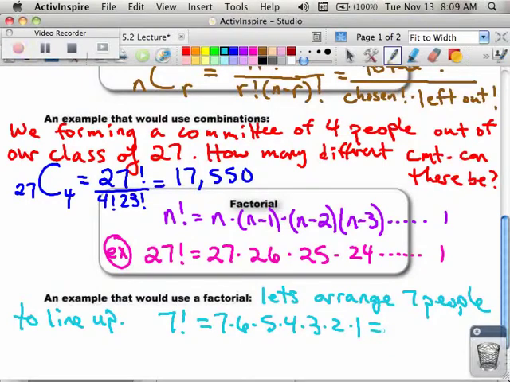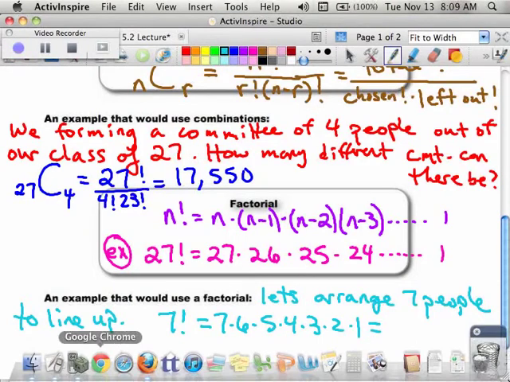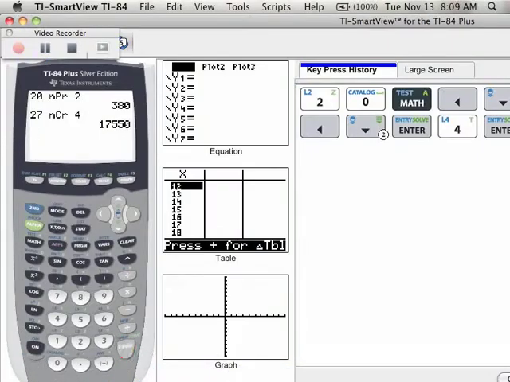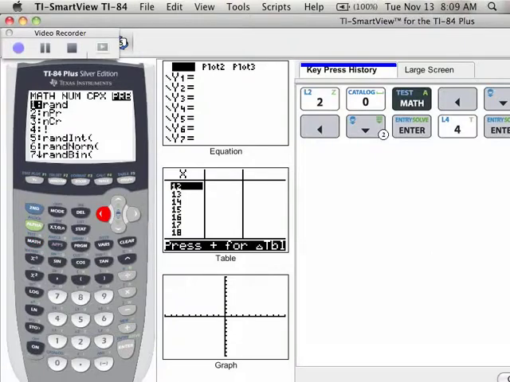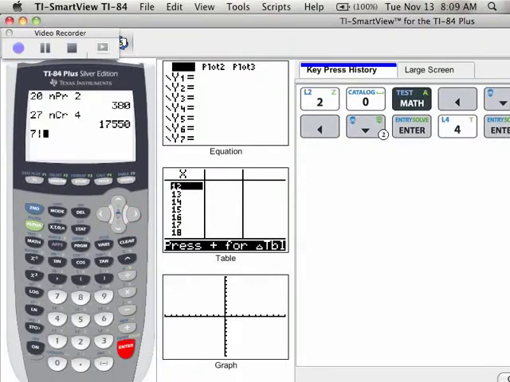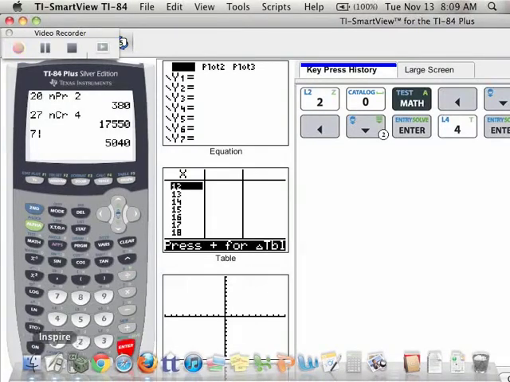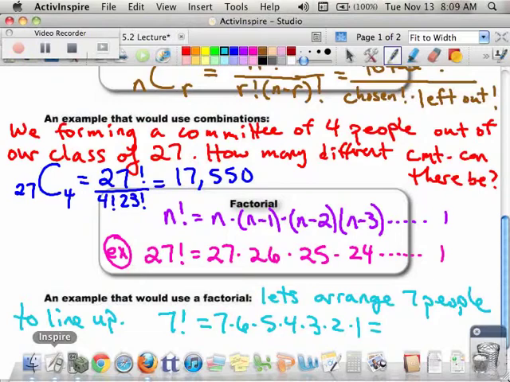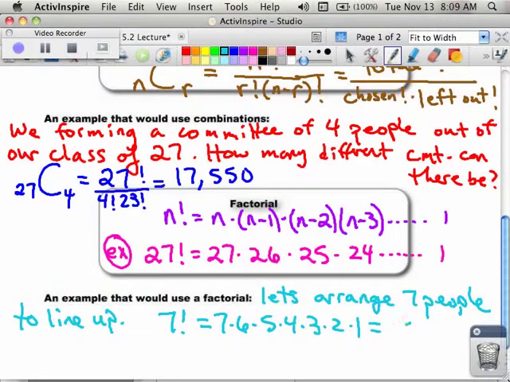And then you would take your calculator, and actually on your calculator, the cool thing again is you don't actually have to do that by hand if you don't want to. On your calculator, you can just type in a 7. And under the math, I believe, you can go to probability again. And you'll notice that number 4 has that exclamation mark, which indicates factorial. And you hit enter twice. And that's 5,040 different ways to organize 7 people. So then I go back and I write down as my answer 5,040.